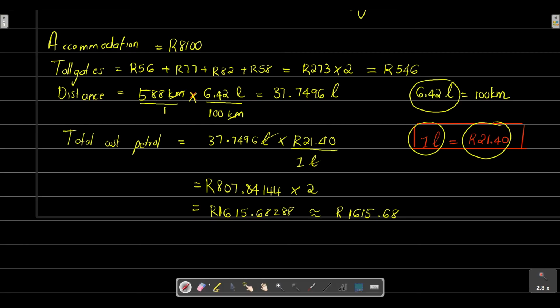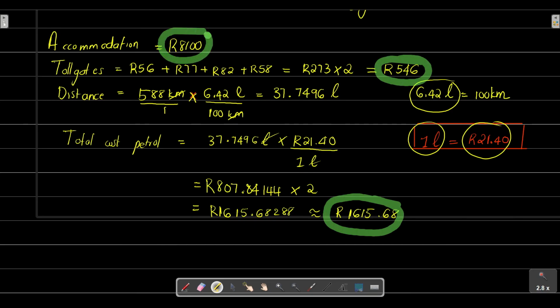I'm going to highlight how much they'll pay for accommodation and how much they'll pay for the toll gate for the round trip. We don't have to multiply by 2 for accommodation, guys. So we're now going to add up all these values to get the total cost for this trip.